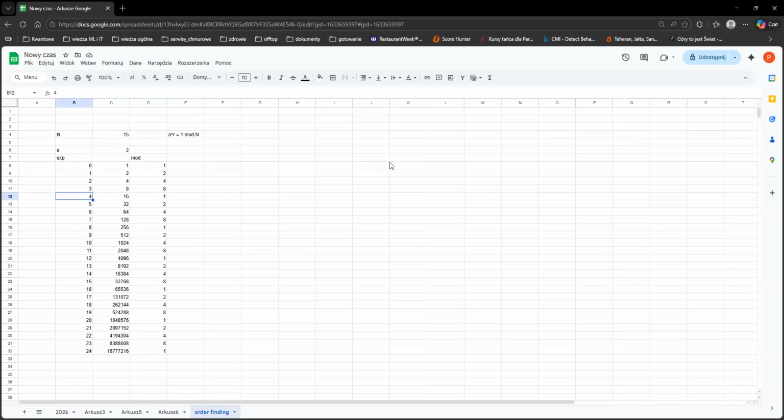And here we can see that r is equal to 4. So this is our solution from the order finding algorithm. Of course, we will use some programming to find r, but this is a quick solution. So here we have r equal to 4.